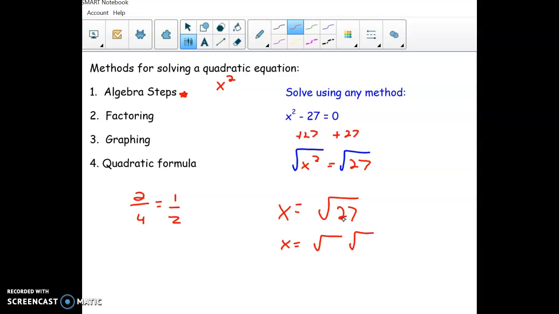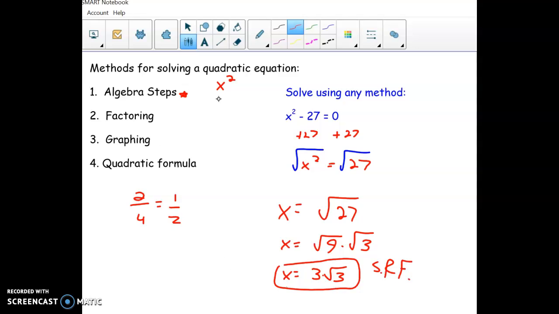In this case, I want to find two things that multiply to 27, one of which is a perfect square number, which in this case is 9. We do that because the square root of 9 becomes 3. So the square root of 27 is equal to 3 times root 3, and this is called simplest radical form.